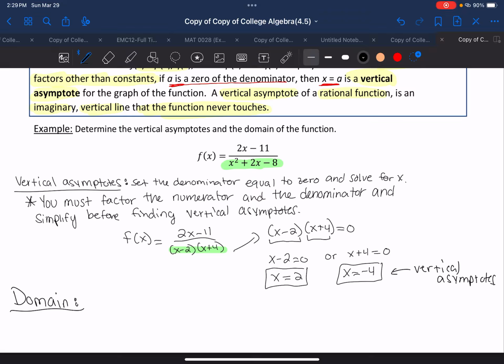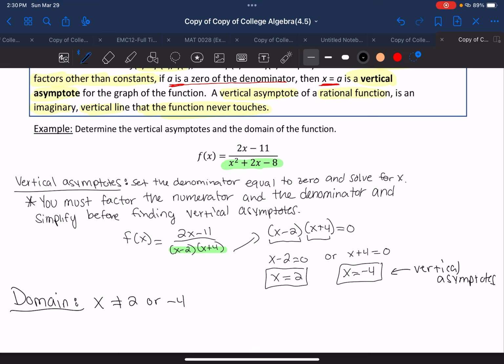This is actually going to also help me find my domain, because 2 and -4 are the values that x cannot equal. x cannot equal 2 or -4 because it makes the denominator equal to 0, and that would make the function undefined. So the domain would be all numbers except for 2 and -4.